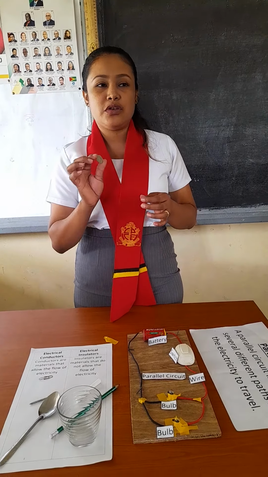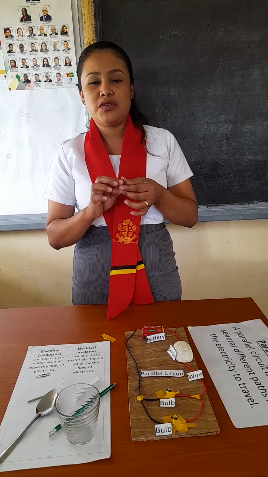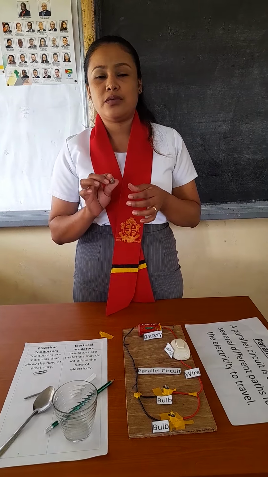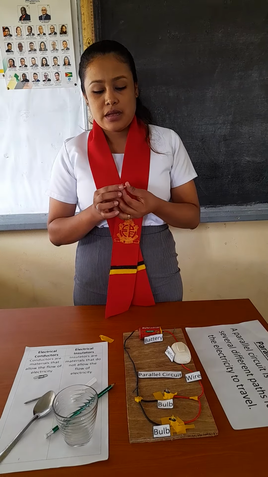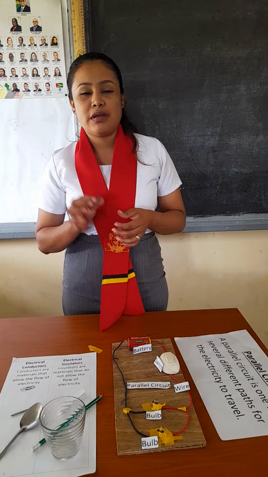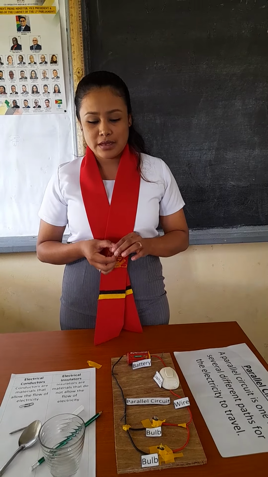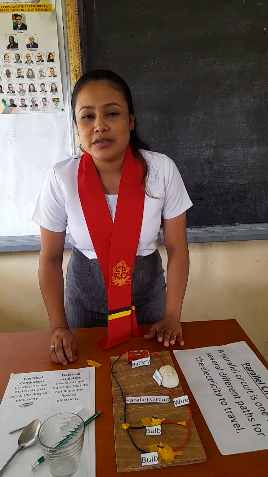Sometimes it's slack, so when you put them in, you can use 2 or more, depending on how tight you want it to be. And the current is going to flow through, and you're going to get the bulb to light.